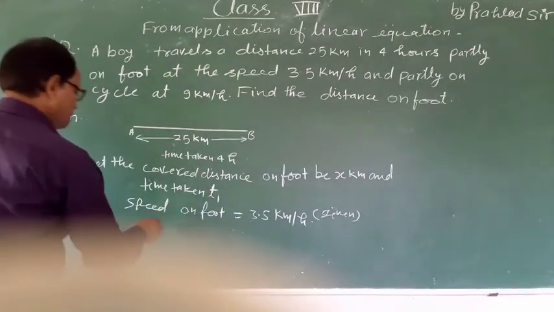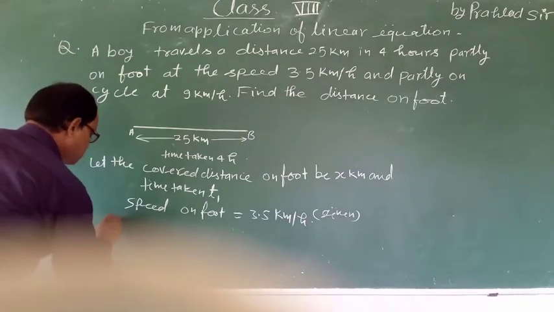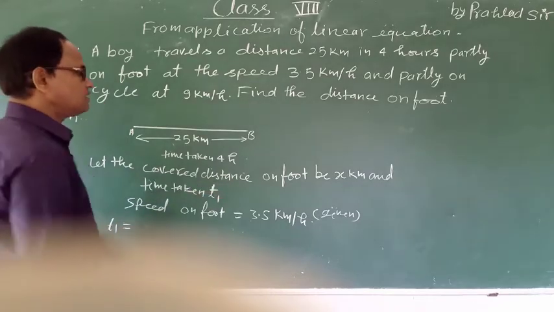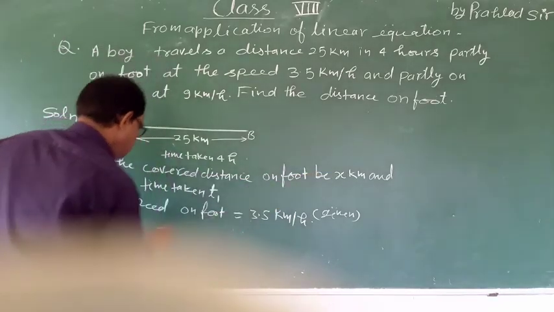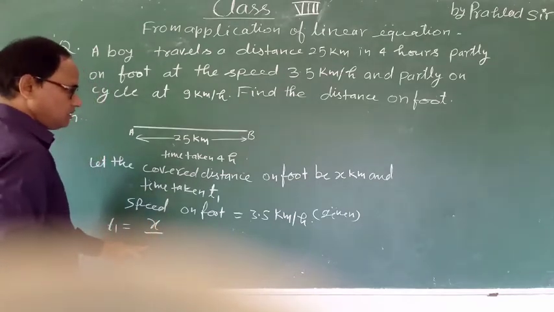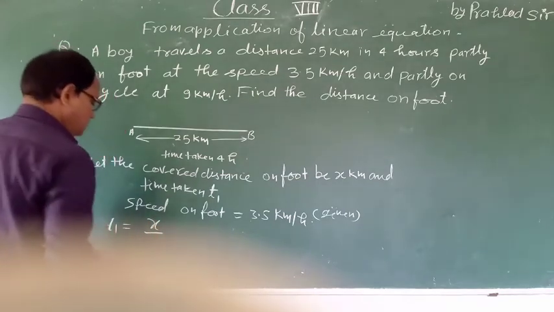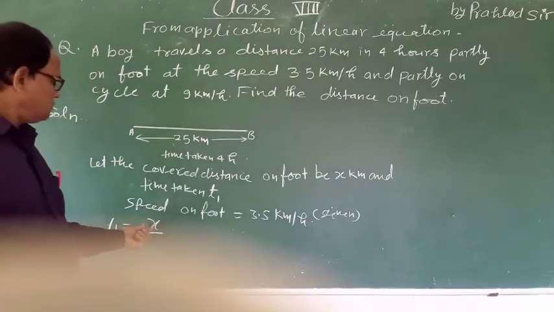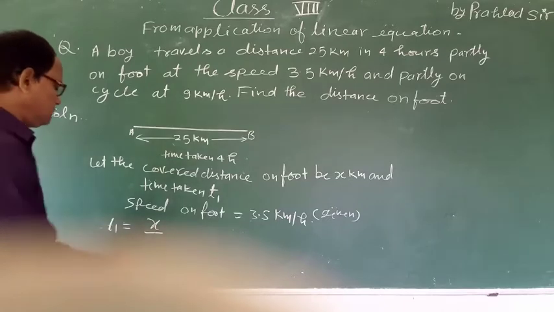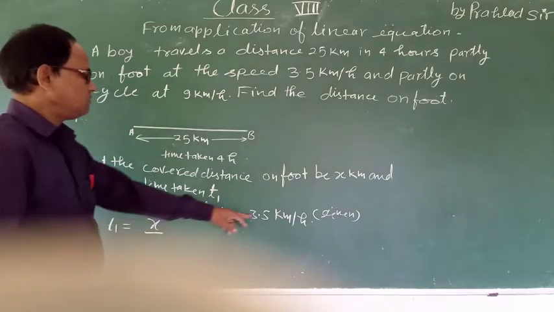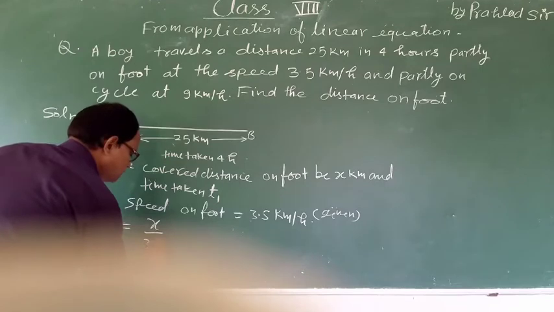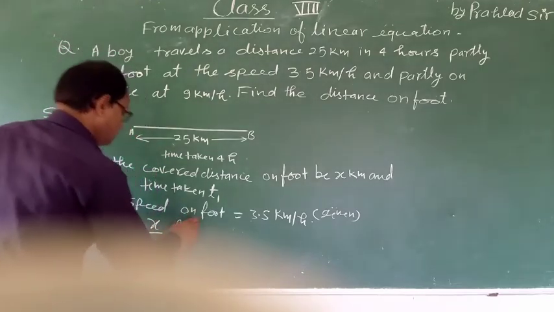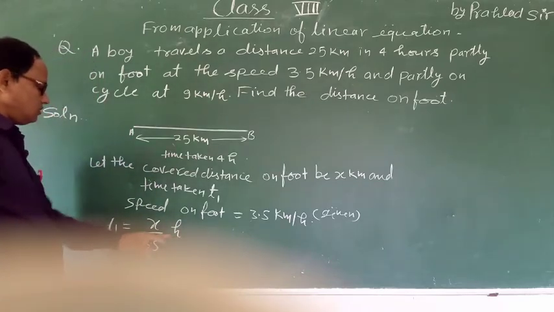Here you know that time is equal to distance divided by speed. So time t1 is equal to x divided by 3.5 kilometers per hour.